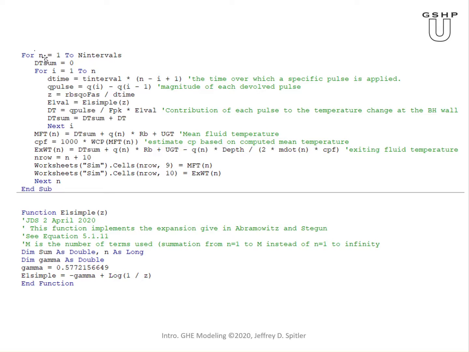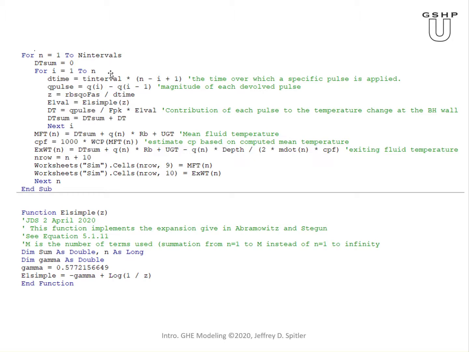Then in the second page, now we do our simulation. We do this for each of the intervals from 1 to 50, and for each one we have to do our own new superposition. There are different ways to do this, but we've just kept this simple.